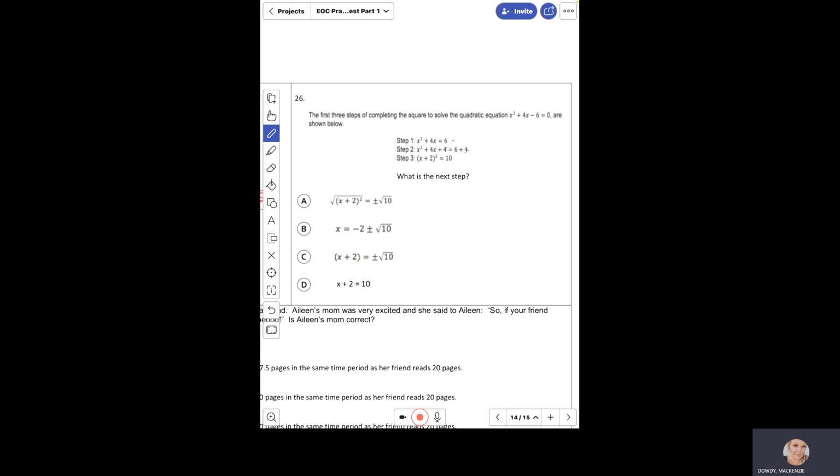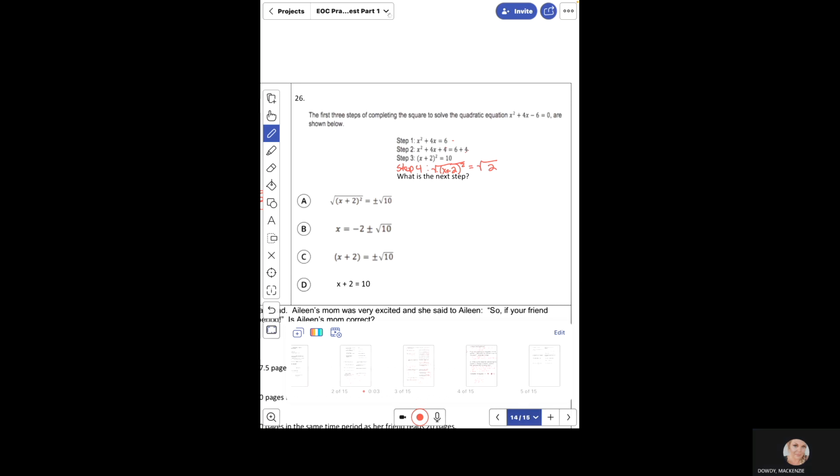Step number 4. If you look at what I gave you, it was the square root of x plus 2 squared equals the square root of 10. I said square root of 10 and I wrote square root of 2. And yeah, I just realized I accidentally had it as minus 4x on the other one. I meant to have it as plus 4x.